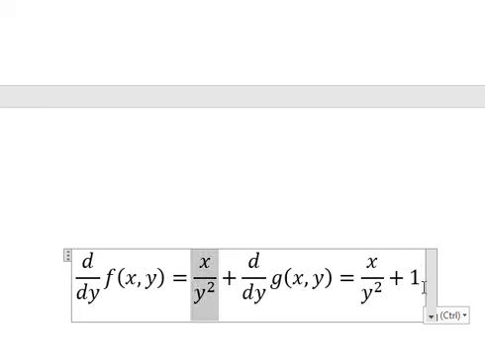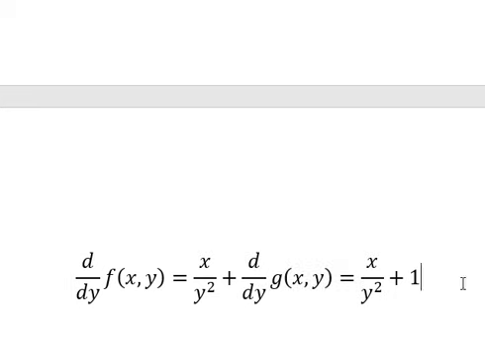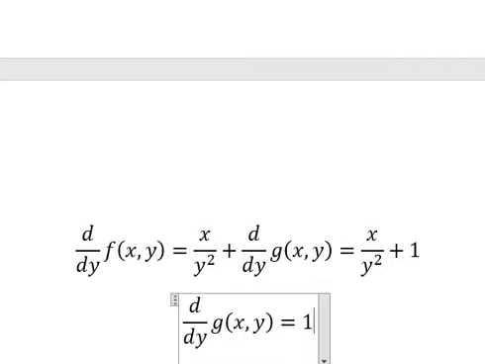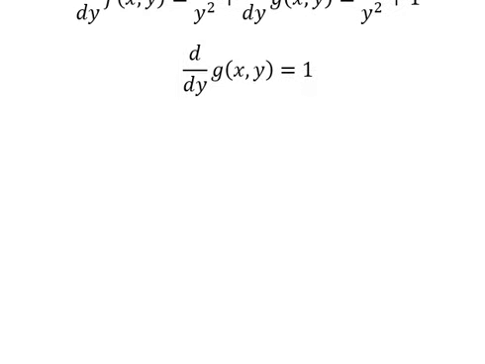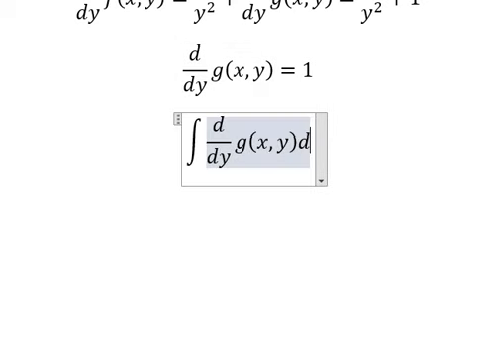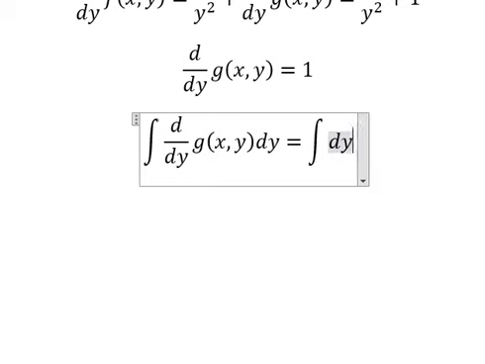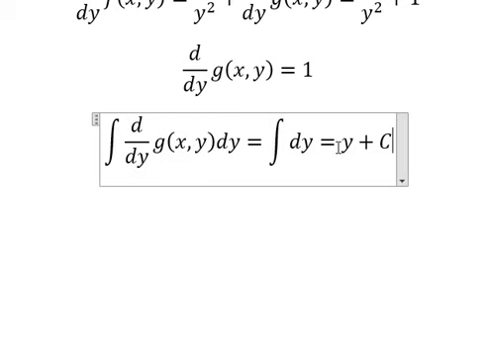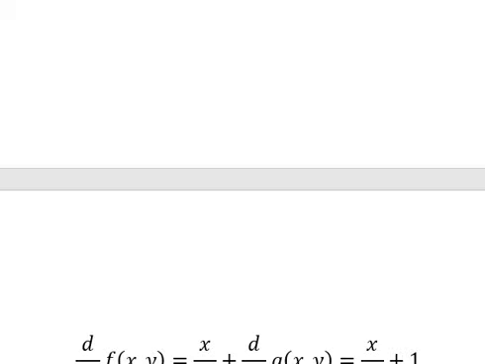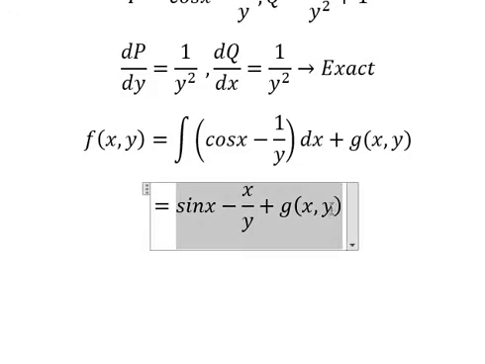Now we simplify this one for the both sides. So we just have only number 1. Next, we put the integration for the both sides. And we have y. So we go back in here.